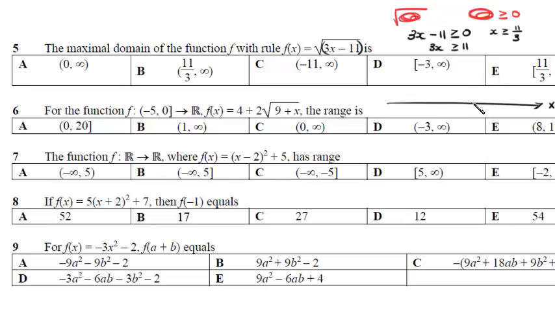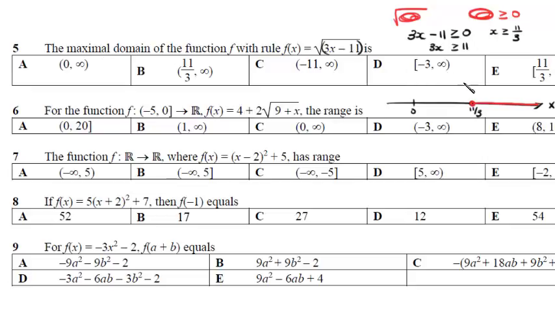And maybe 0 is right there, and 11 over 3 is somewhere here, and it is including that point and has to be greater than that. So I can just color that like this, so that all of these numbers greater than or equal to 11 over 3 represent the maximal domain of this function.